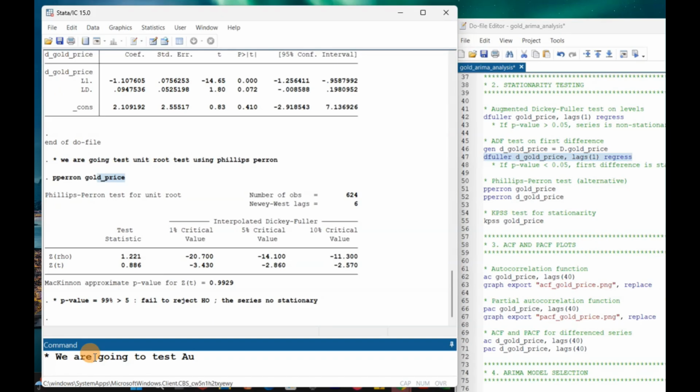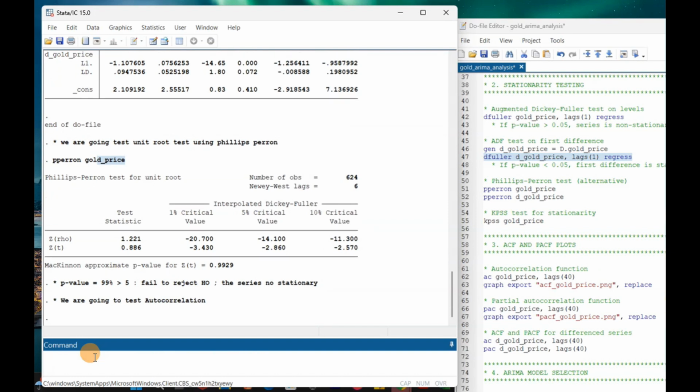P stands for partial, A stands for autocorrelation, C. PAC gold_price. So now, are we having my partial? Like this one. It's a change. Are we on the same page?